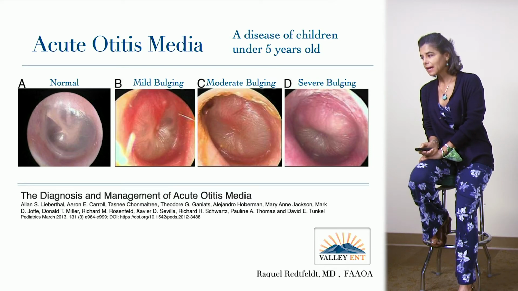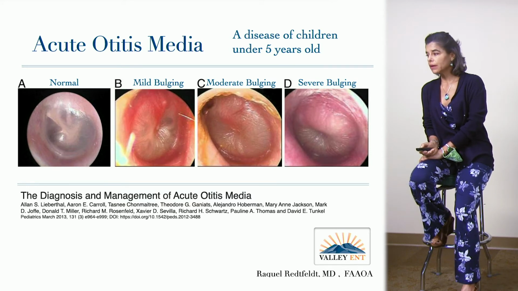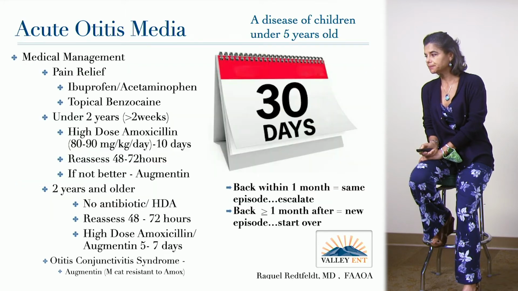The problem is that B, that mild bulging, if that kid is pretty sick, high fever, ear pain, and they're under 2, you're probably going to treat that ear too. But moderate to severe bulging is the clinical criteria.